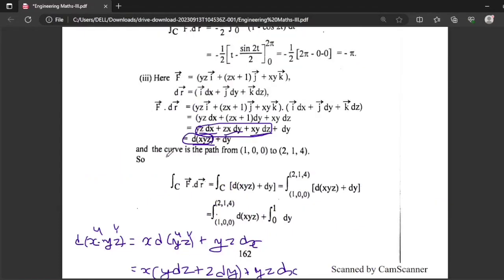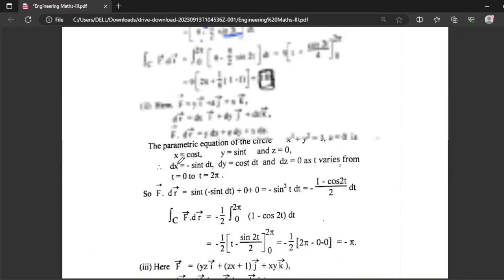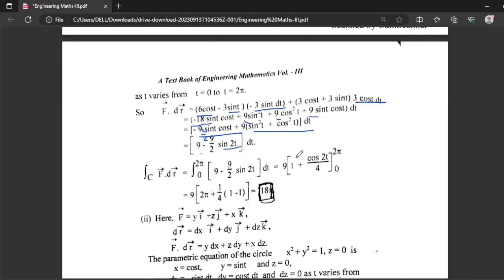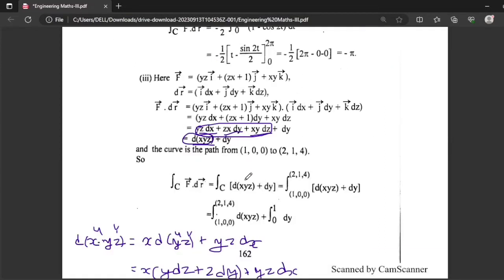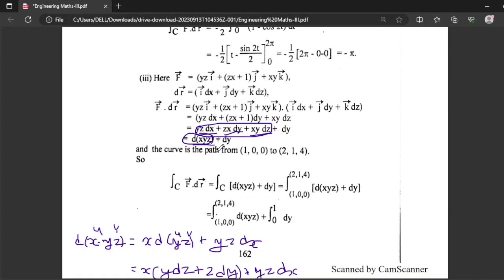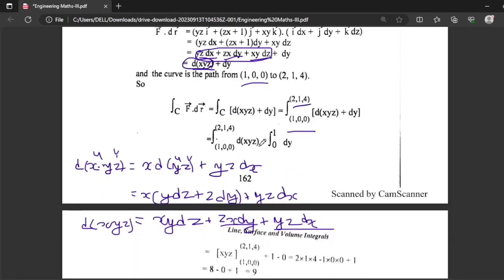And the curve is the path from (1,0,0) to (2,1,4). Now integrating, it is d(xyz) plus dy, with lower limit (1,0,0) and upper limit (2,1,4).